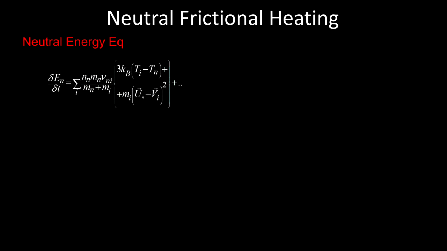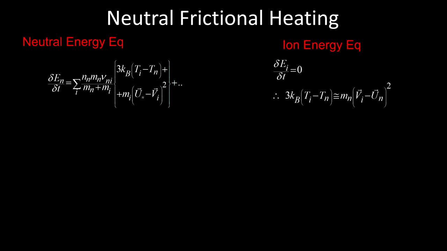And so these are just straight up energy definitions. In the ion energy equation, it's been shown that it can be simply an equality between the temperature differential and the frictional heat. But be careful in how you say frictional. If you just say frictional heating, you have to say which one you're talking about because they are absolutely not the same thing.